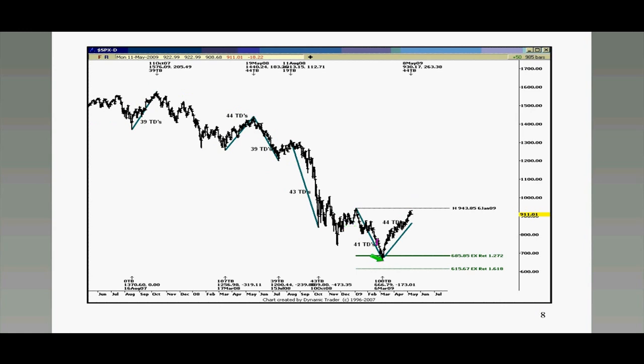At that time, because of one of the time projections, along with the fact that the market had extended into, or from the prior low to high swing. Okay, that 1272 extension was basically the minimum target that we were looking for off of that last high.